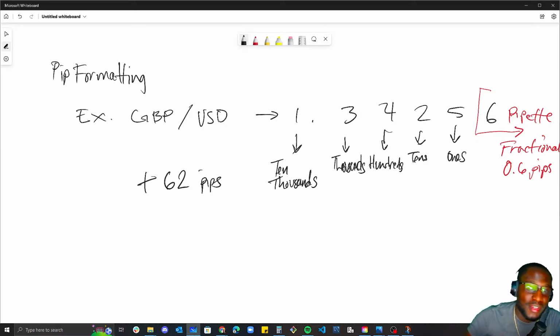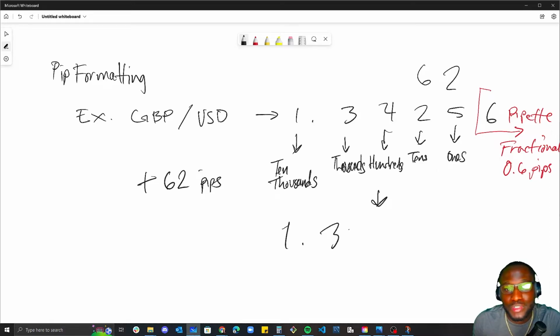All right, so now that you paused and we're back. Basically, 62 pips will be translated to just adding it straight up, so this would be 1.34876.